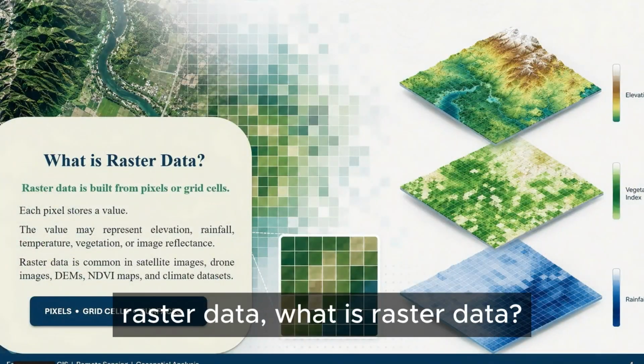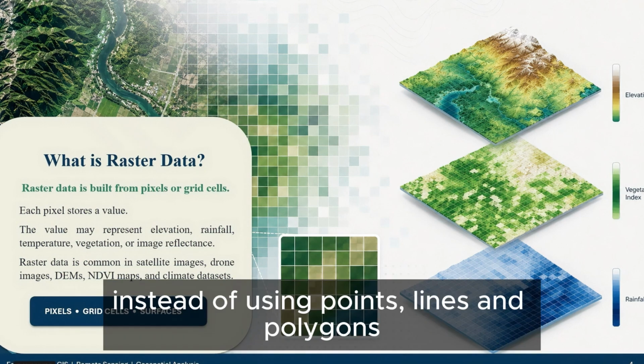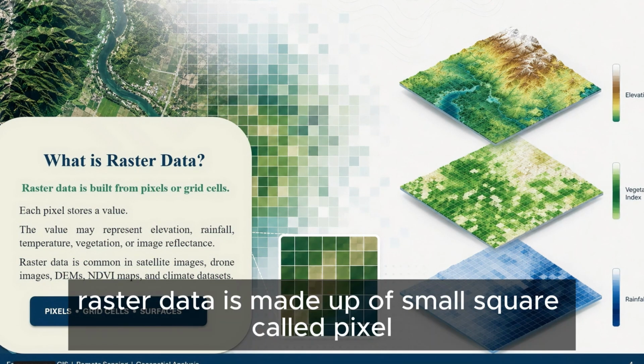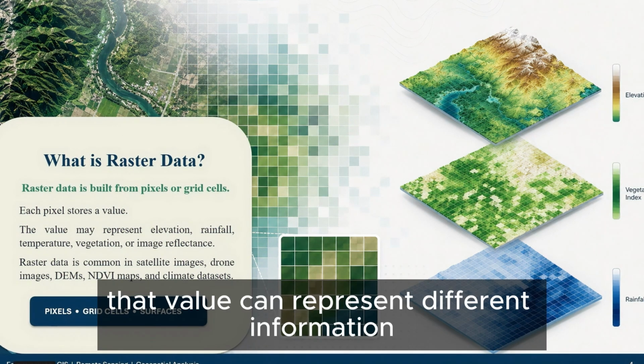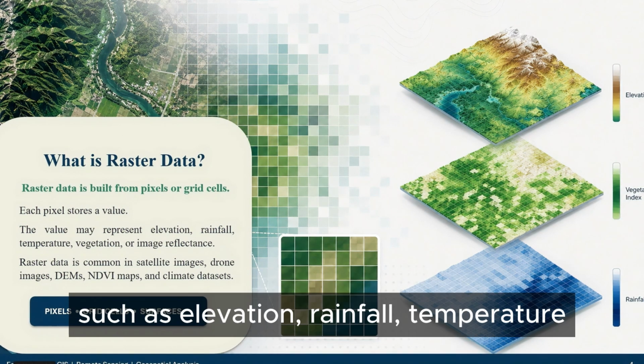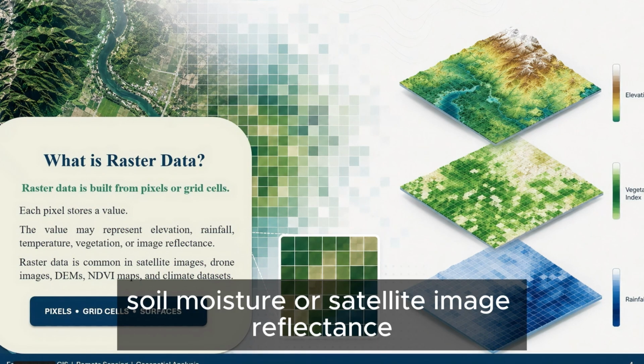Raster data. What is raster data? Raster data is different from vector data. Instead of using points, lines, and polygons, raster data is made up of small squares called pixels. Each pixel stores a value. That value can represent different information such as elevation, rainfall, temperature, soil moisture, or satellite image reflectance.